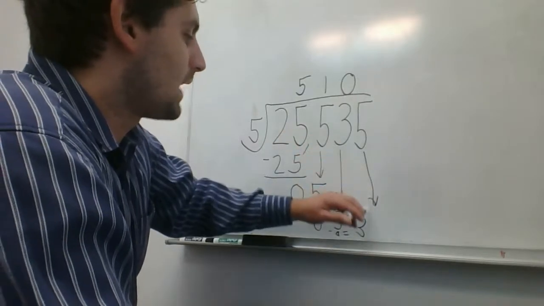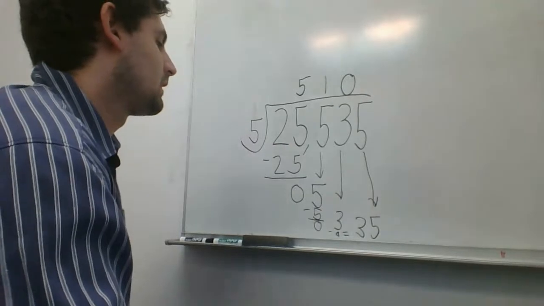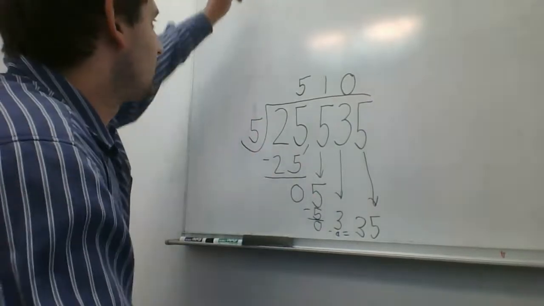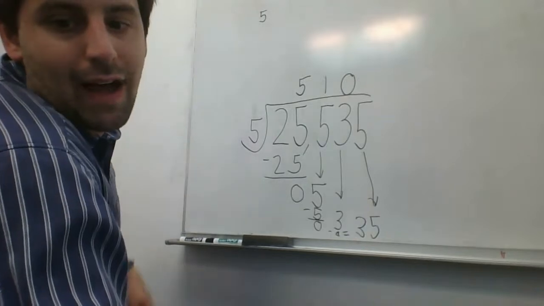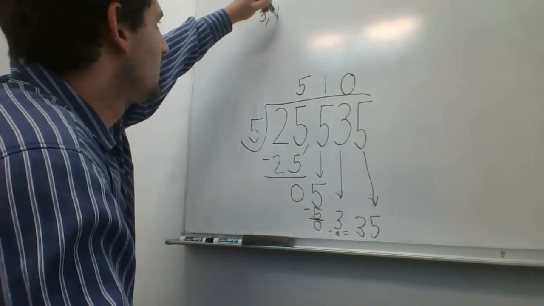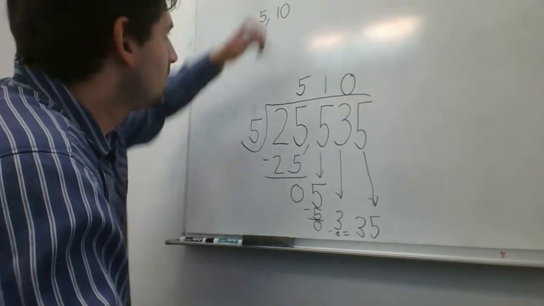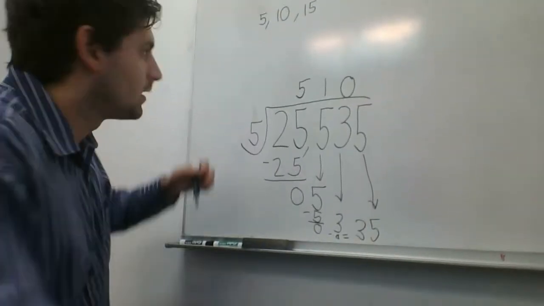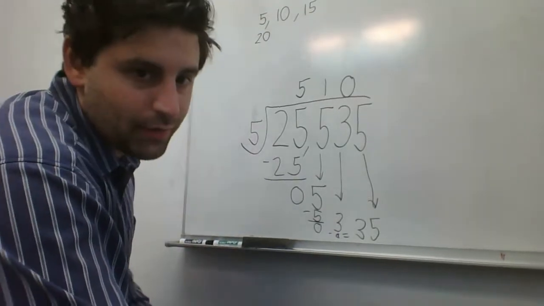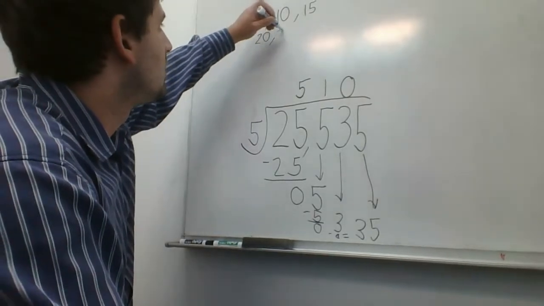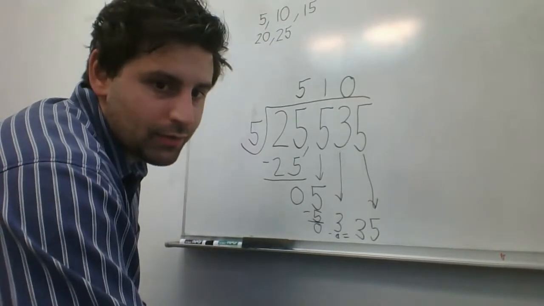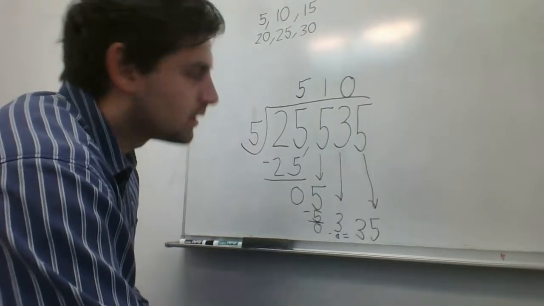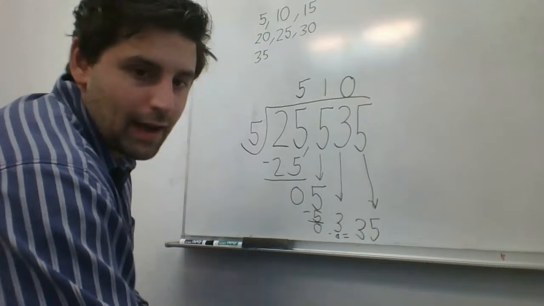Final step, we bring the final number down. We have 35. 35 divided by 5, I've got to figure out how many groups of 5 go into 35. 5, that's one group of 5. 10, that's two groups of 5. 15, 3 groups of 5 so far. 20, 4 groups of 5. 25, 5 groups of 5. 30, 6 groups of 5. 35, and that is 7 groups of 5.